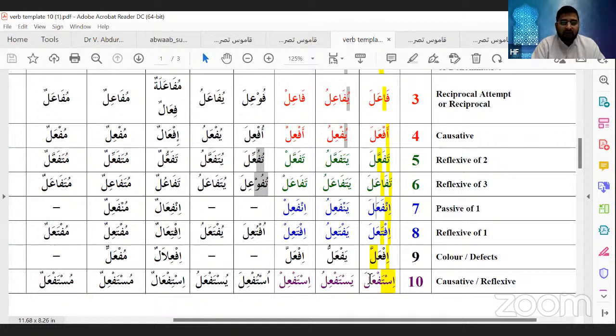Knowing these patterns allows you to increase your vocabulary in the Arabic language, and also to understand the Quran and read Arabic textbooks. Without this, you will not know how to read the verb, whether it's past tense, present tense, or the imperative. That's why it's so important.